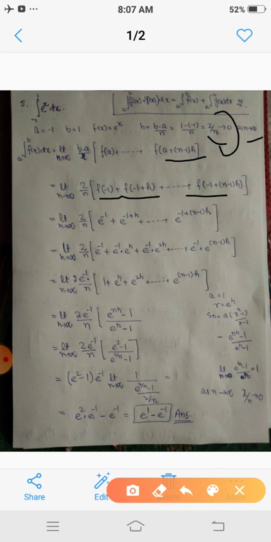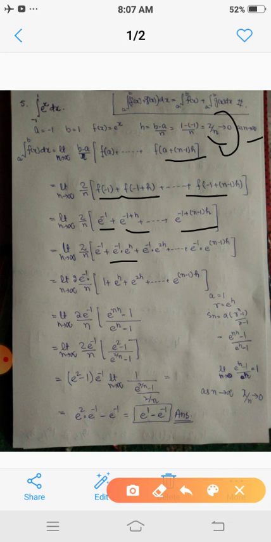Now putting this value in f of x, we get f of x is e^x, which implies that f of minus 1 is e raised to power minus 1, plus e raised to power (minus 1 plus h), so on to e raised to power (minus 1 plus (n minus 1) h). Now here e raised to power (minus 1 plus h) can be written as e raised to power minus 1 into e raised to power h.